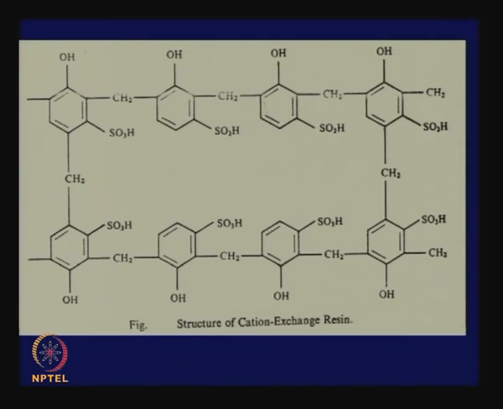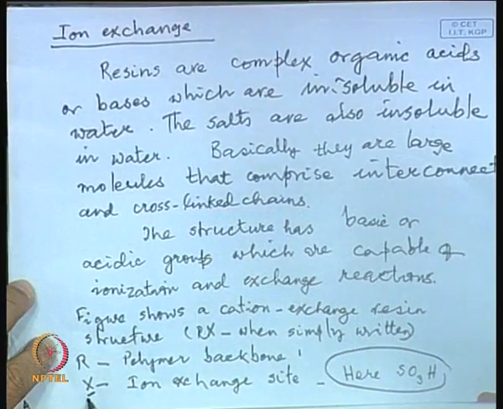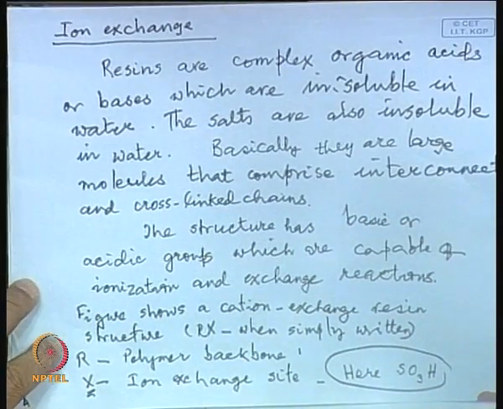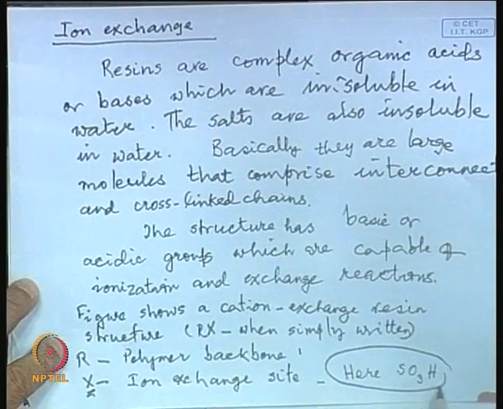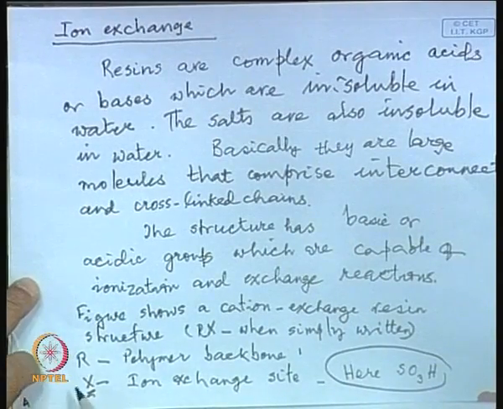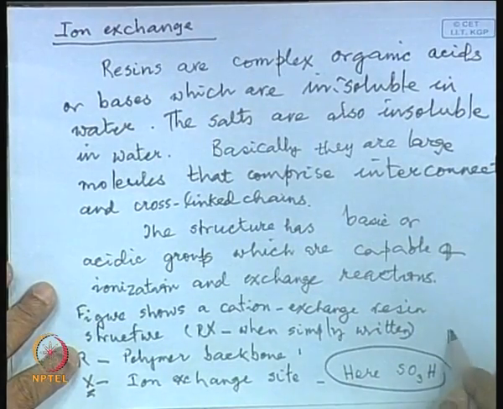Now, we can write such a resin as RX, where R is the polymer backbone and X is the ion exchange site. Here X is SO3H. So, the polymer can be written as R-SO3H.